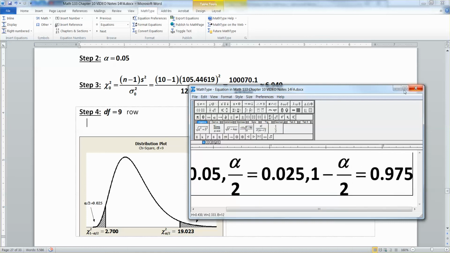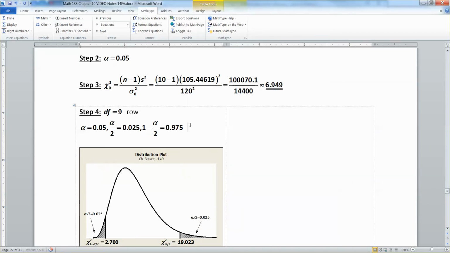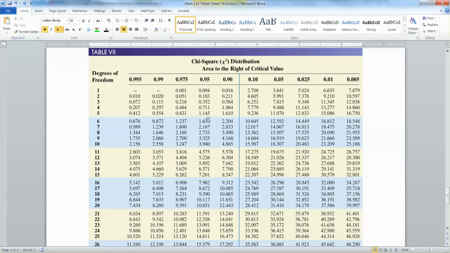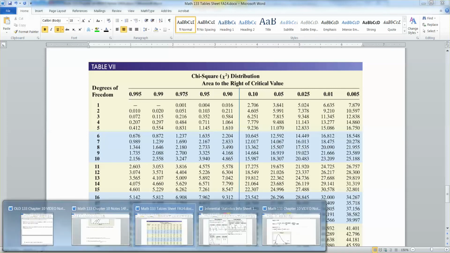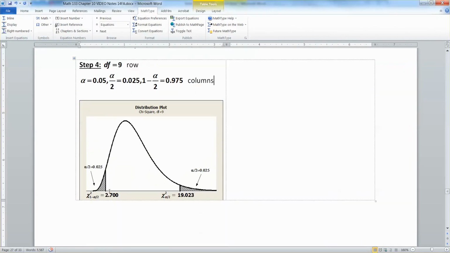So those are the columns we're going to go to in the chi-square table. So let me grab the chi-square table. I want to go to the row number 9. 0.975 is 2.7, and 0.025 is 19.023. So that's where these numbers come from. I have 1 minus alpha over 2, that's 2.7, and then 19.023.